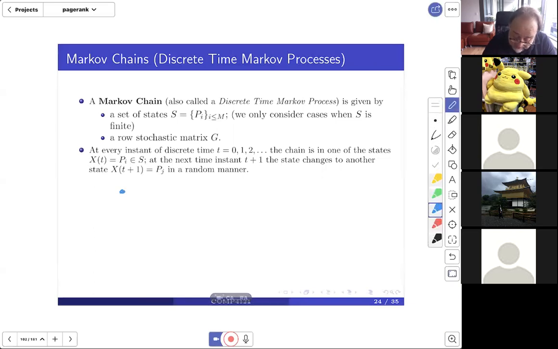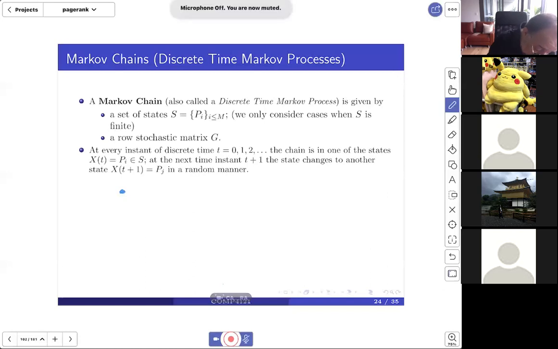So in the case of the random surfer, we would allow him to start surfing at an arbitrarily chosen web page. And that web page, in the case of the random surfer, is chosen with probability 1 over n.